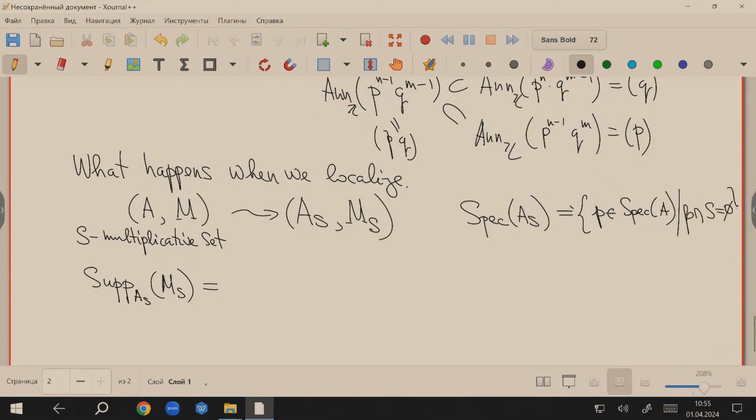Yeah? So you can put the spectrum as the subset.